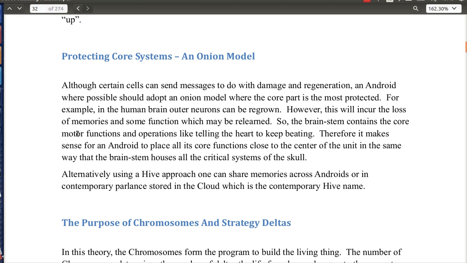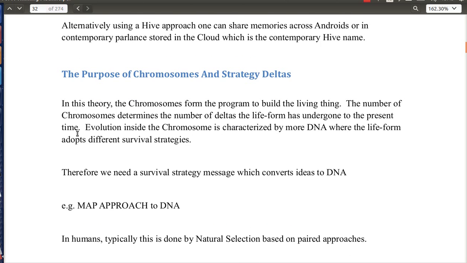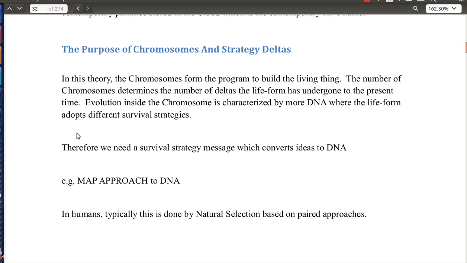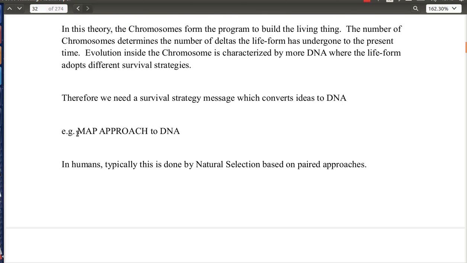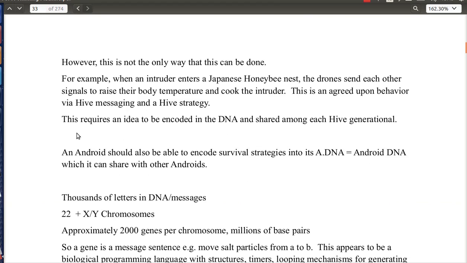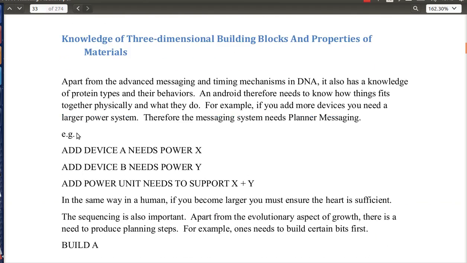I talk about an onion model where we protect the core of the brain. I've shown that in the diagram. The central part of the brain is where the virtual system is. And then I talk about chromosomes and how they change and so on, which is the Darwinian thing. And then I talk about how DNA must really know things if you're going to build a virtual person.